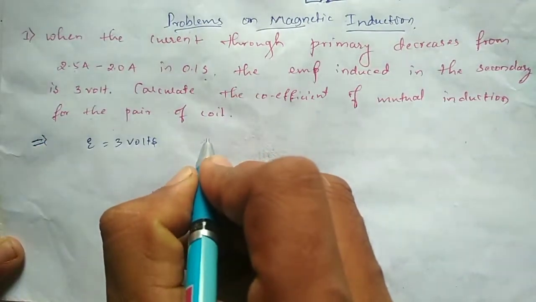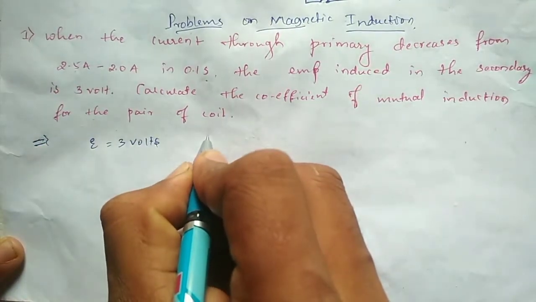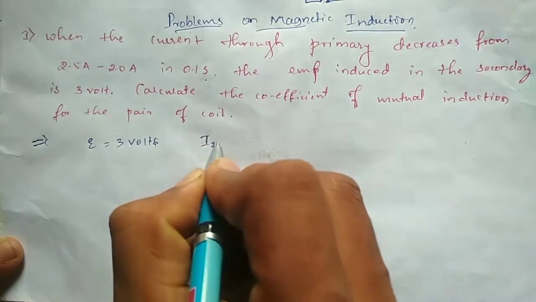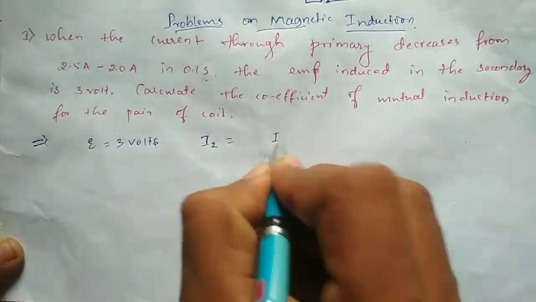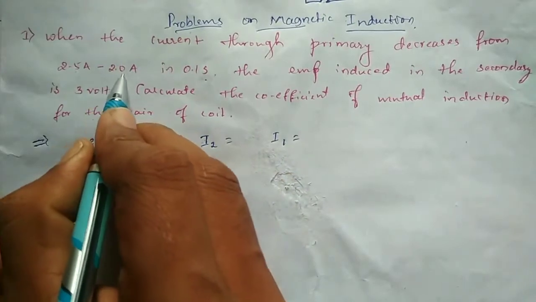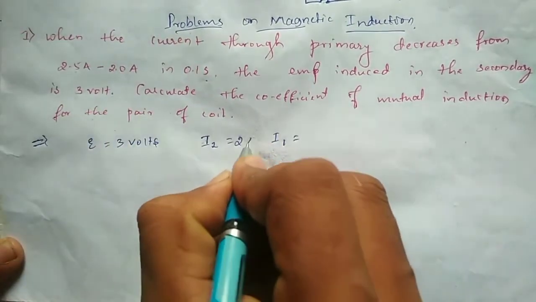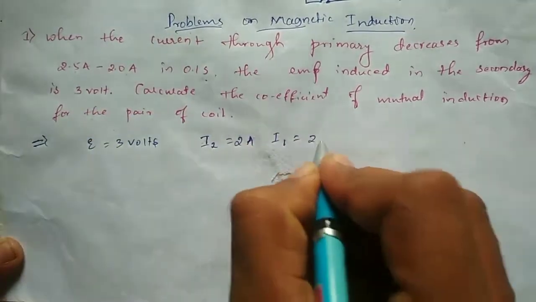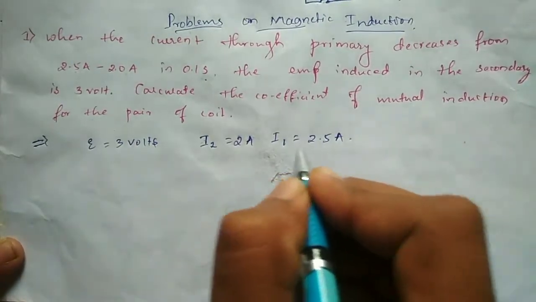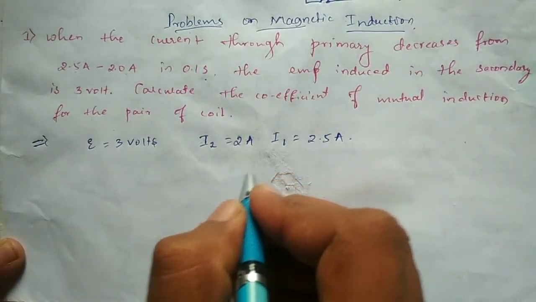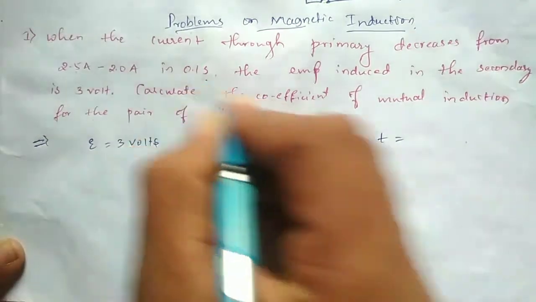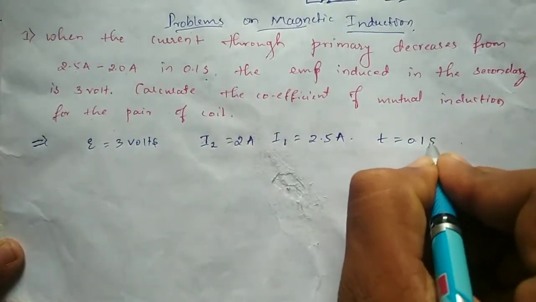So you have to take I2 minus I1. I2 is 2 ampere and I1 is 2.5 ampere, and they gave the time as 0.1 second.